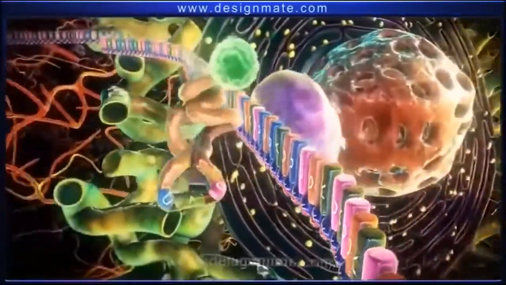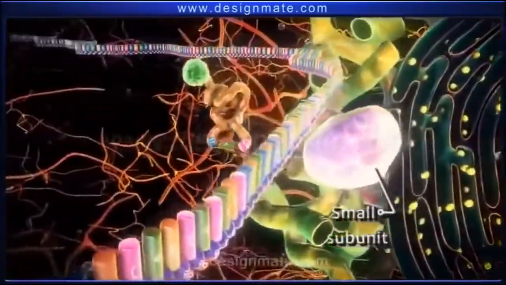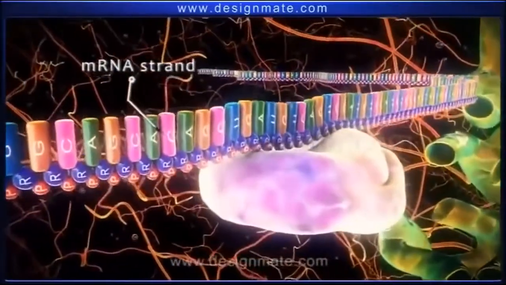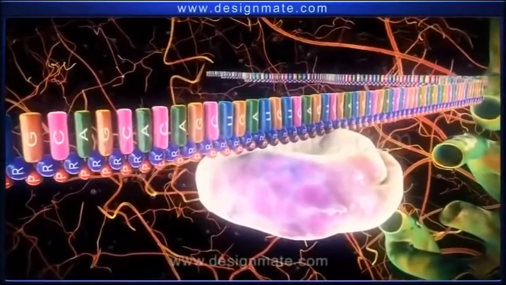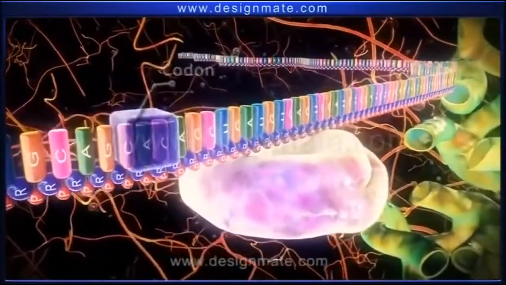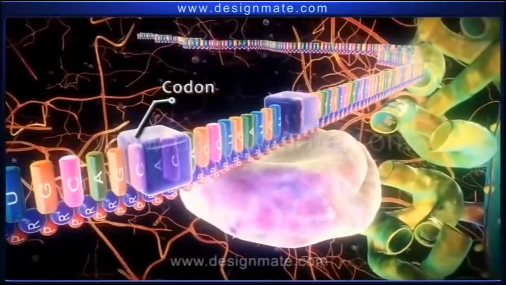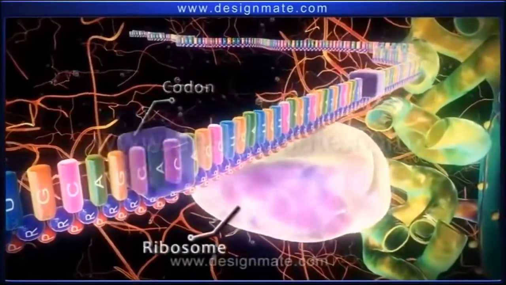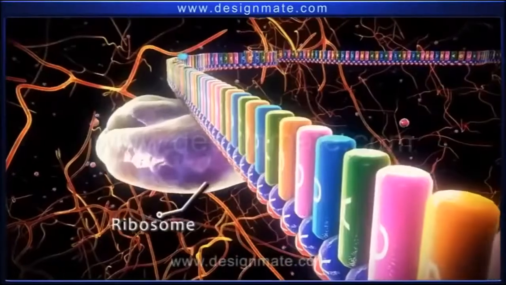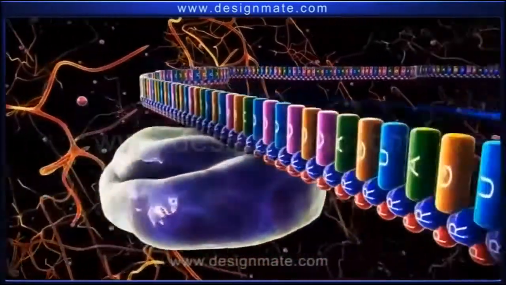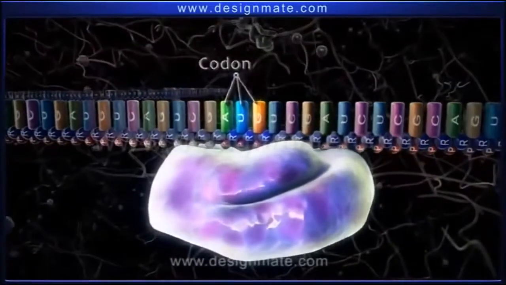During the initiation stage, a small subunit of a ribosome binds to the mRNA strand. The mRNA strand is made up of codons, which are sequences of 3 bases. Then the ribosome subunit moves along the mRNA in the 5' to 3' direction until it recognizes the AUG codon or the initiation codon.